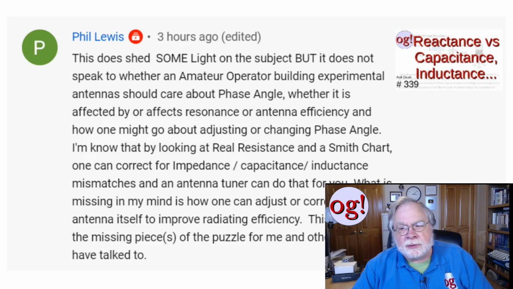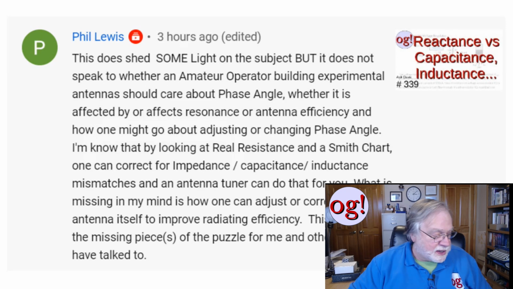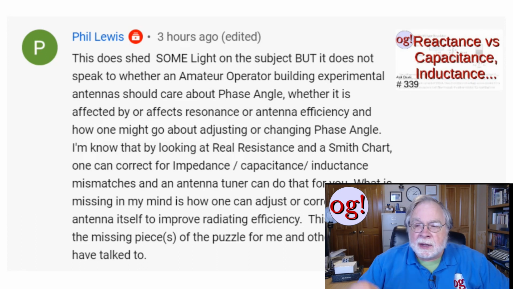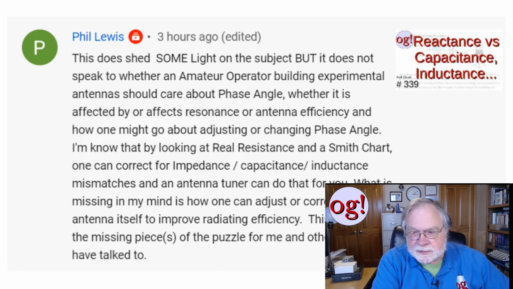If you go up there and try to measure that, your presence and the presence of this metal meter are going to change the antenna. It's sort of an example of the Heisenberg uncertainty principle. You can't measure something without changing what you're measuring. Just can't do it.